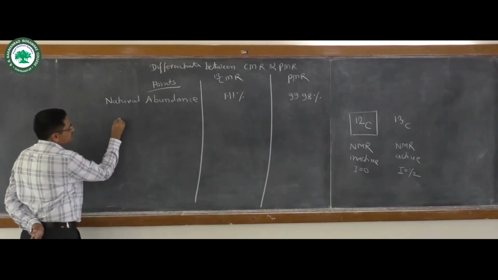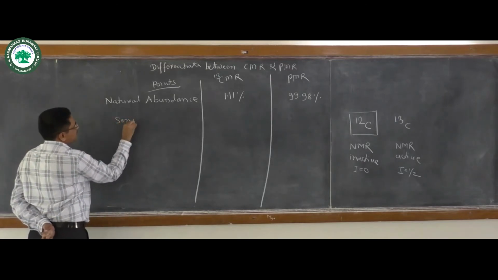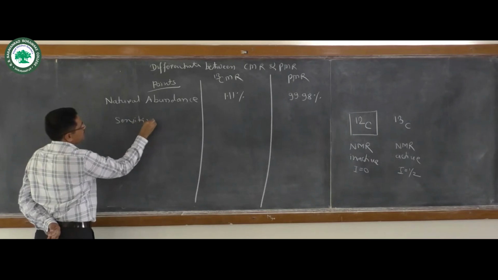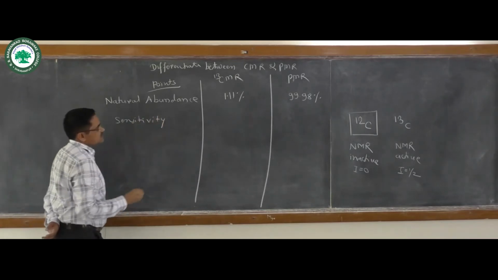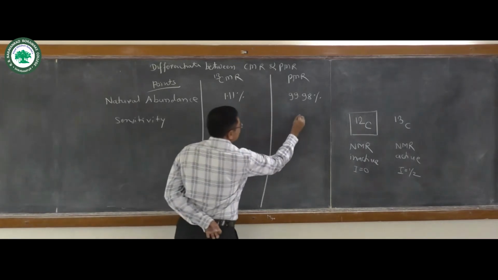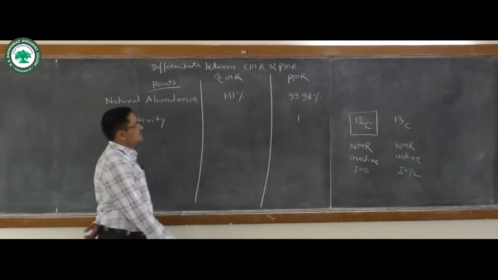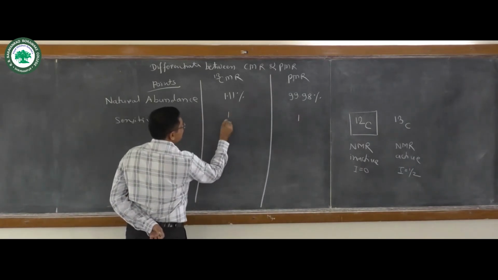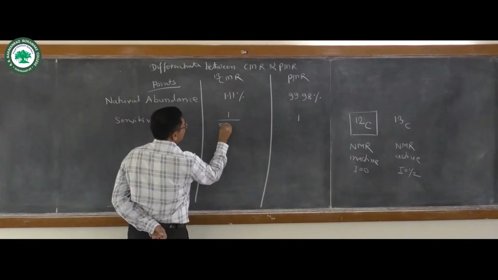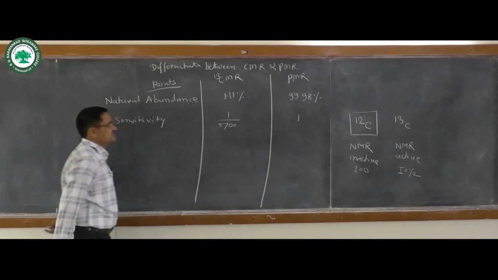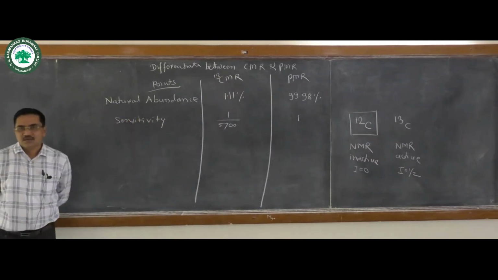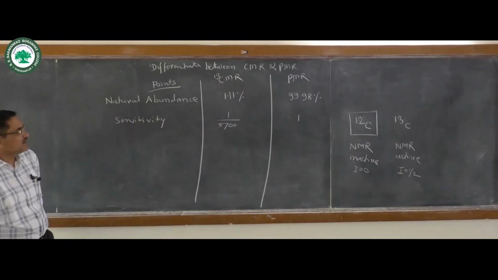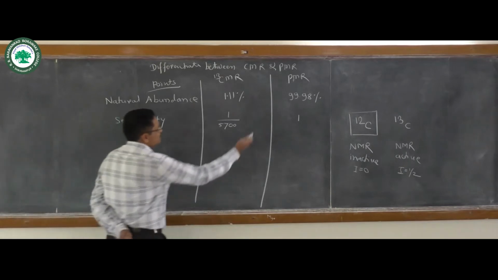Then sensitivity: here it is 1, but in case of CMR it is less than PMR, 5700 times less. It is 5700 times less than proton.